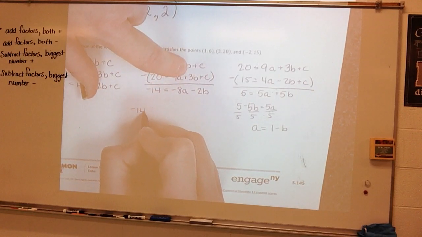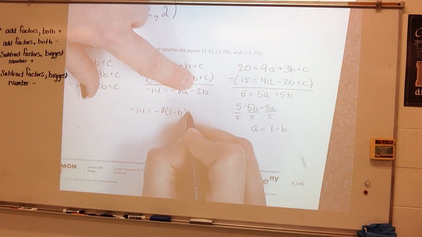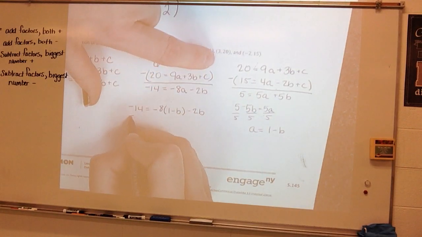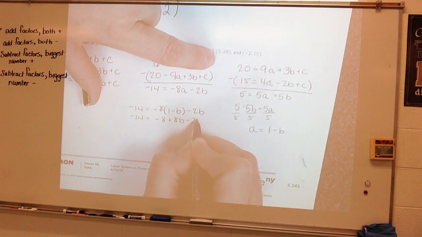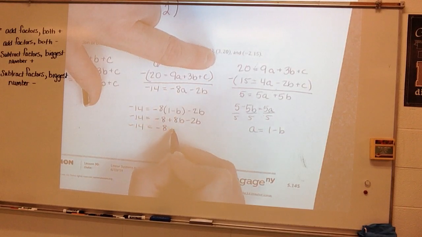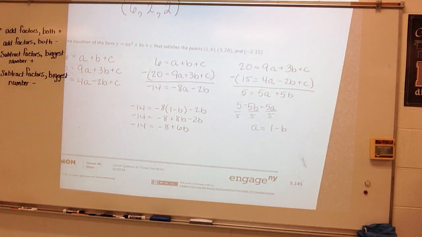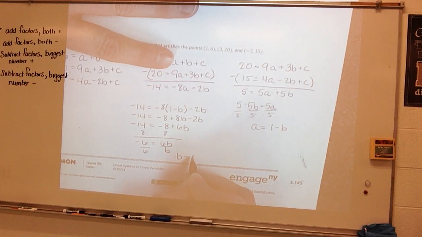So negative 14 is equal to negative 8 times 1 minus b minus 2b. Negative 14 is equal to negative 8 plus 8b minus 2b. Negative 14 is equal to negative 8 plus 6b. Go ahead and add 8 to both sides. I get negative 6 is equal to 6b. Divide by 6, and b is equal to negative 1.